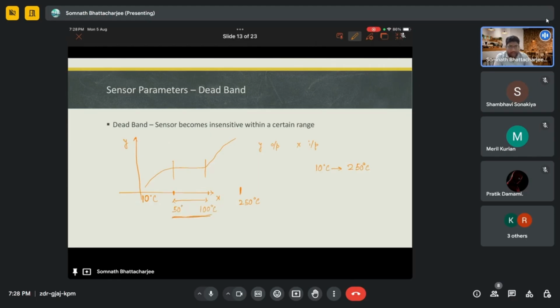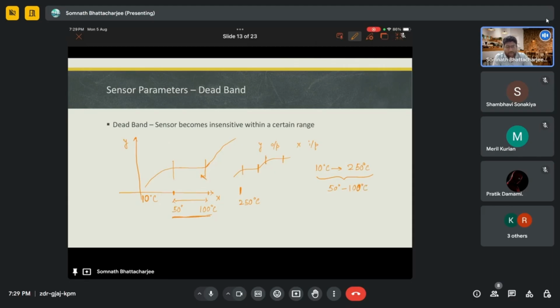Even if you change the values, after 100 it starts responding again. So we can say within this working range there is a single deadband. There can be multiple deadbands as well, so a sensor can work like this even. There can be two deadbands as well, but in this case we have a single deadband which is from 50 to 100 degrees C.